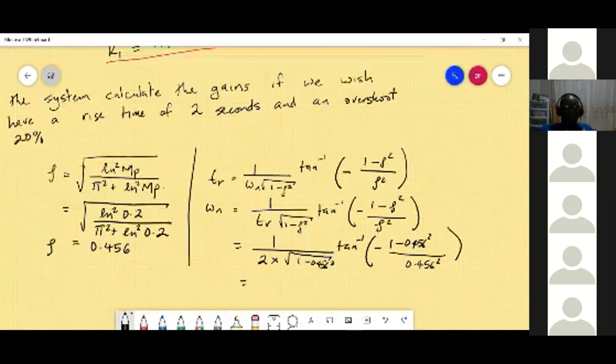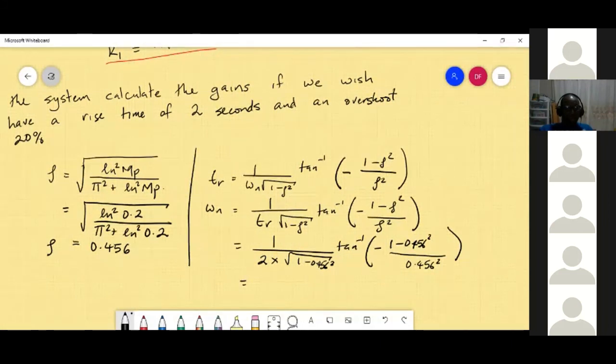That is 1 divided by 2 times the square root of the bracket 1 minus 0.456 squared, close bracket, then the reciprocal.